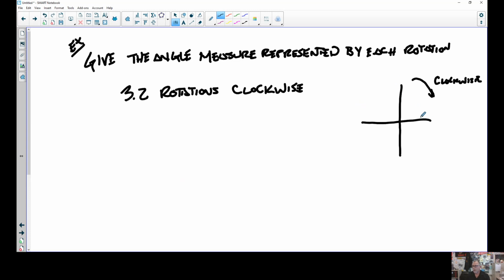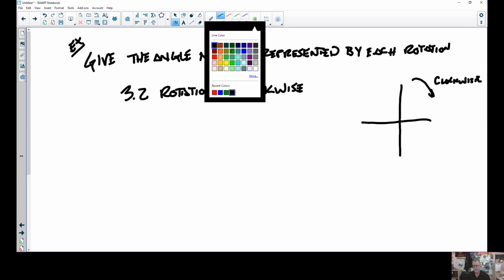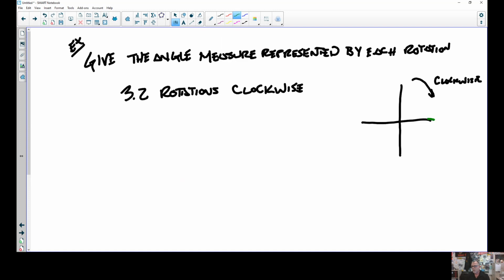Now, when we're talking about this in terms of degree measures, we consider every standard position angle, and that's another new term. A standard position angle has its initial side on the positive x-axis.